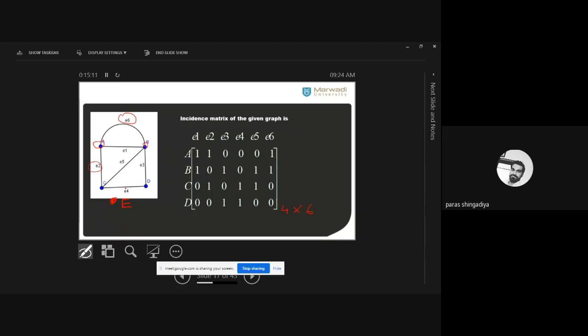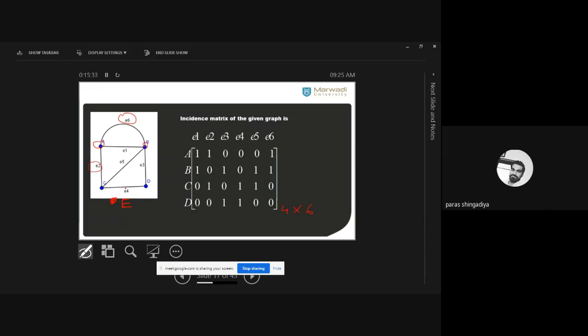What does it mean? If the degree of any vertex is 0, that vertex is called an isolated vertex. As we know the isolated vertex definition, if the degree of the vertex is 0, then it is known as an isolated vertex. Means E is a single vertex. There is no edge connected with E.